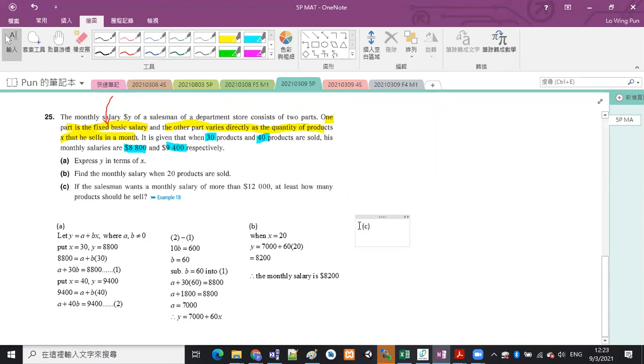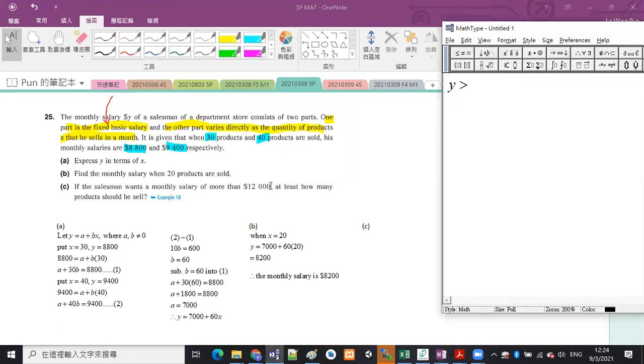Then part C. If the salesman wants a monthly salary of more than $12,000, at least how many products should he sell? 今次佢想點啊？佢想個 monthly salary 係 more than 12,000蚊。Okay, our monthly salary is represented by Y. So Y more than $12,000.